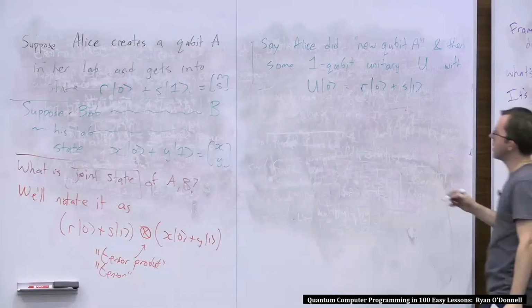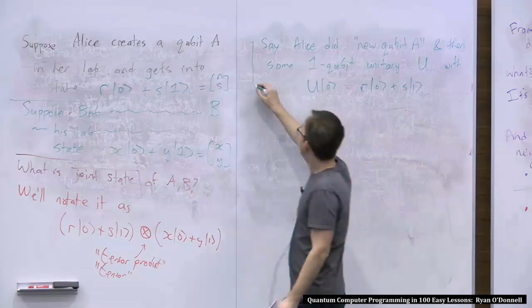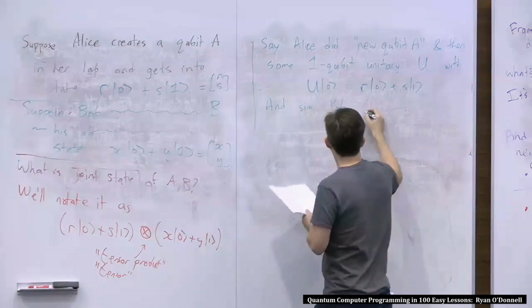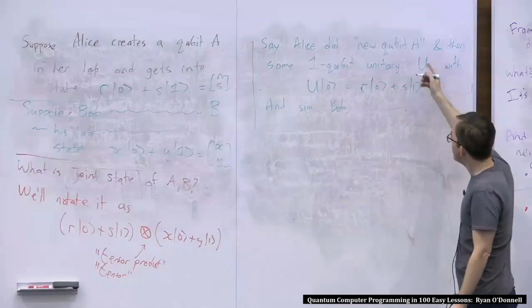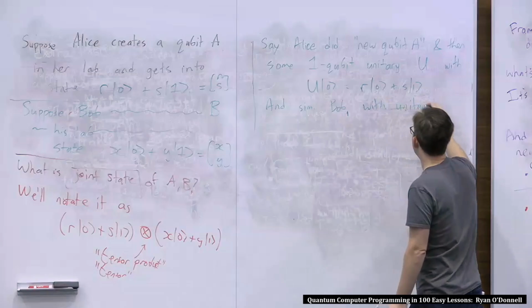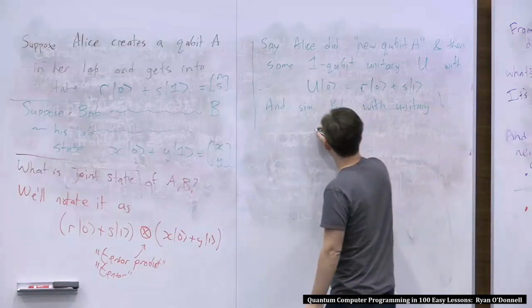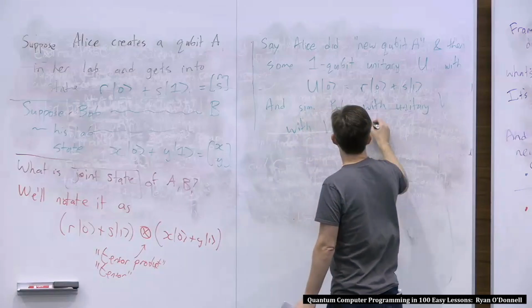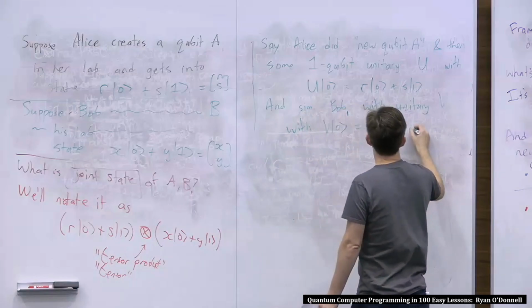And we'll similarly assume Bob did a similar thing. Bob also made a new qubit called B, and then applied some unitary, I'll say V, probably some other rotation or reflection, that took his qubit to x0 plus y1.